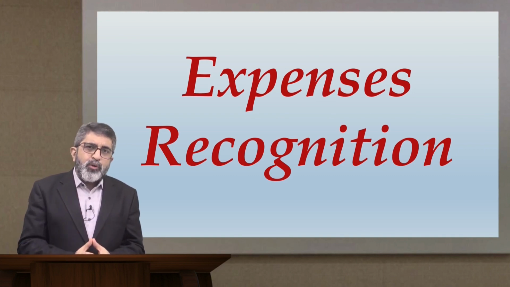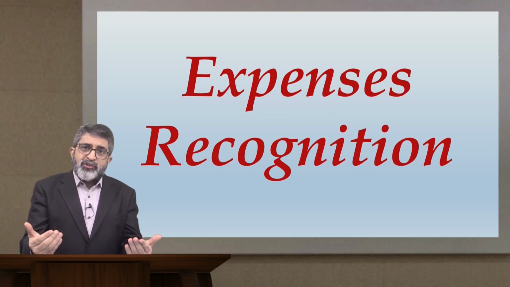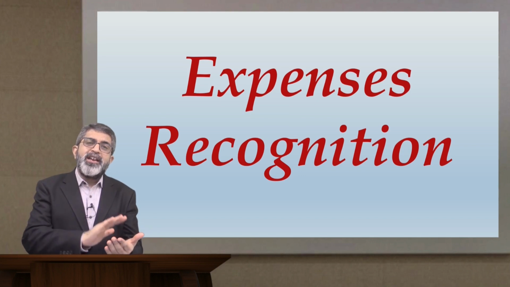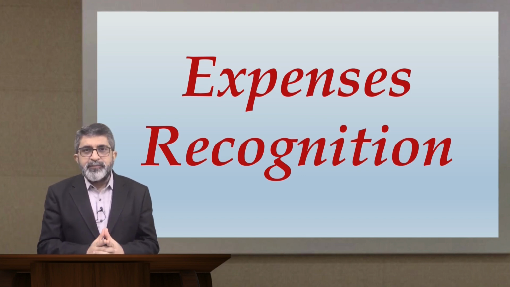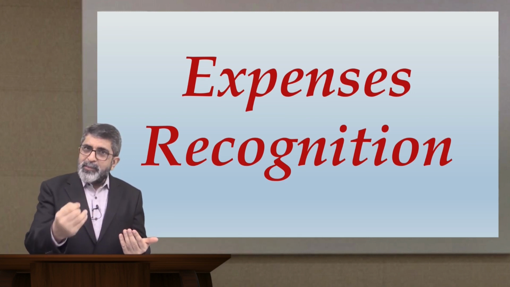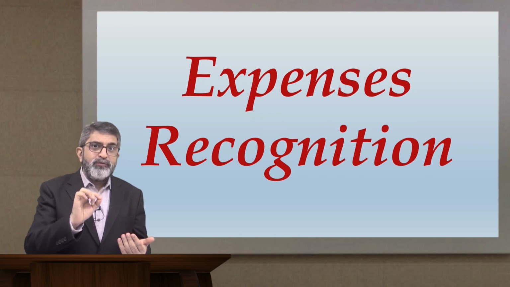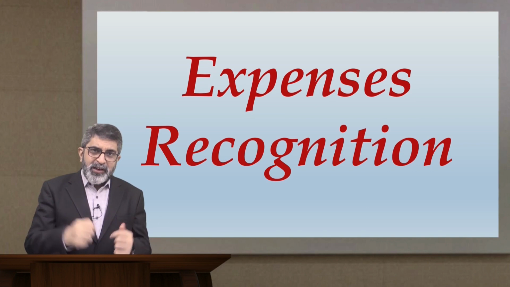The matching concept in accounting emphasizes that your expense should match the corresponding benefits. Now what does that line mean? When you are incurring any expenditure, be it any type of expenditure, it is going to give you some economic benefit. Otherwise you will not incur that expenditure, correct?